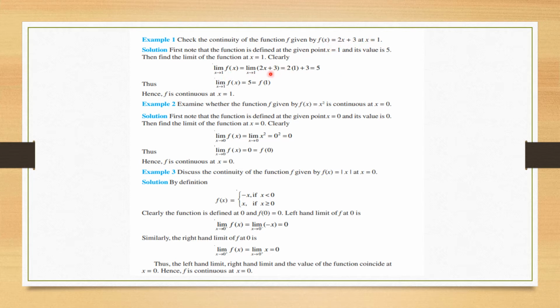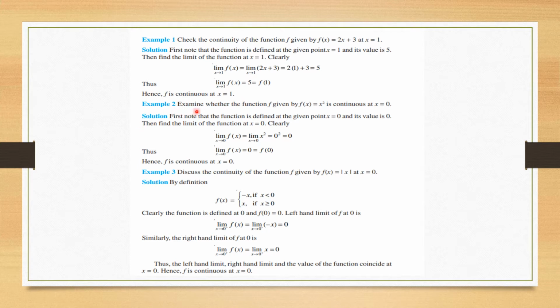Simply we put x = 1 and we get the value. And for f(1), I put x = 1 and that also gives me 5. So I find that the limit as x approaches 1 of f(x) is equal to f(1), and both are equal to 5. So we say f is continuous at x = 1.